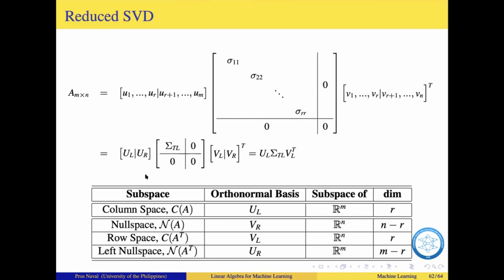Now the four fundamental spaces can be obtained from this reduced SVD. The column space of A is U left, which forms an orthonormal basis.